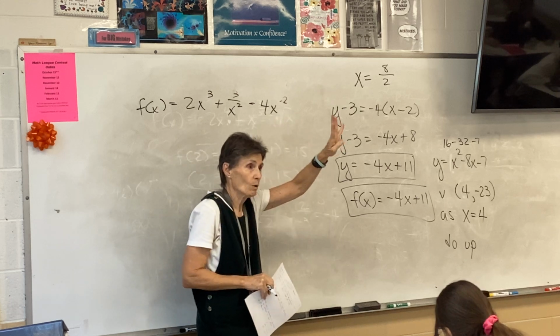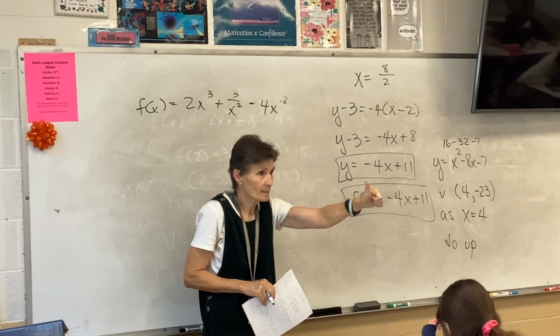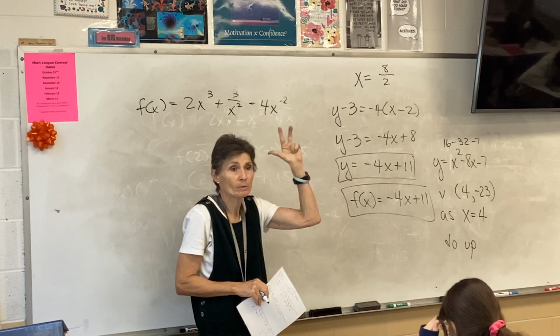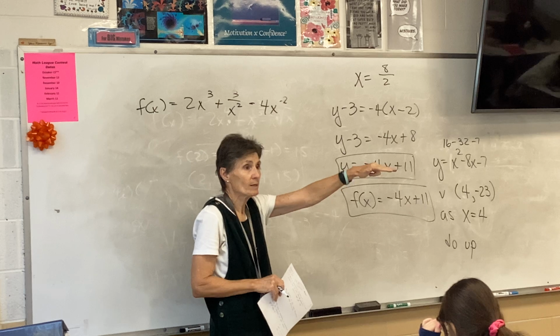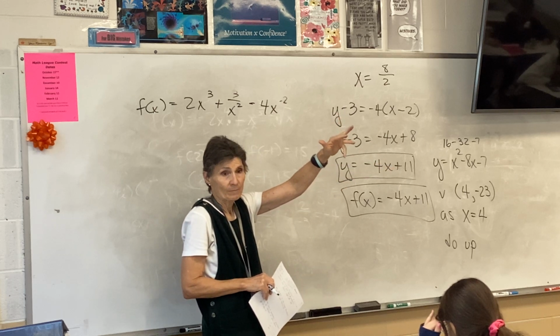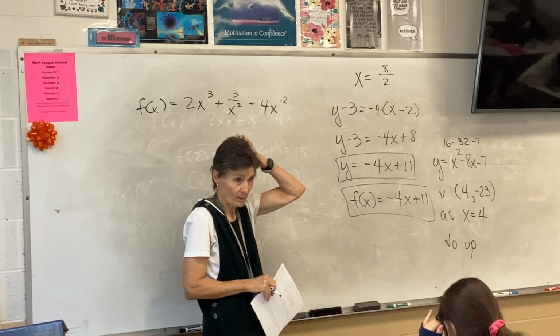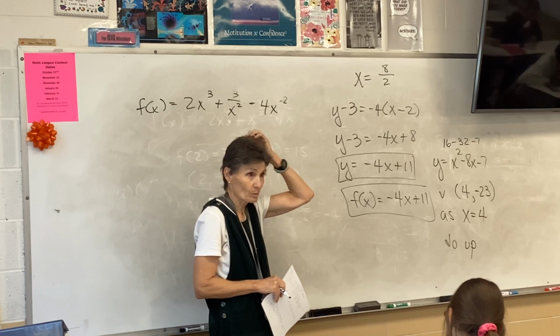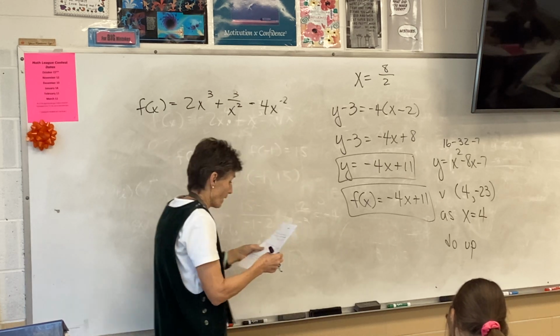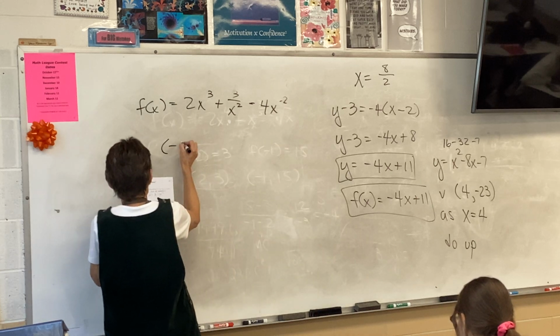So what are our four rules? No x in the denominator, no negative exponent, no fractional exponent, and no x under the radical. Gotta know your four rules. Those are the four rules. All right, linear function.